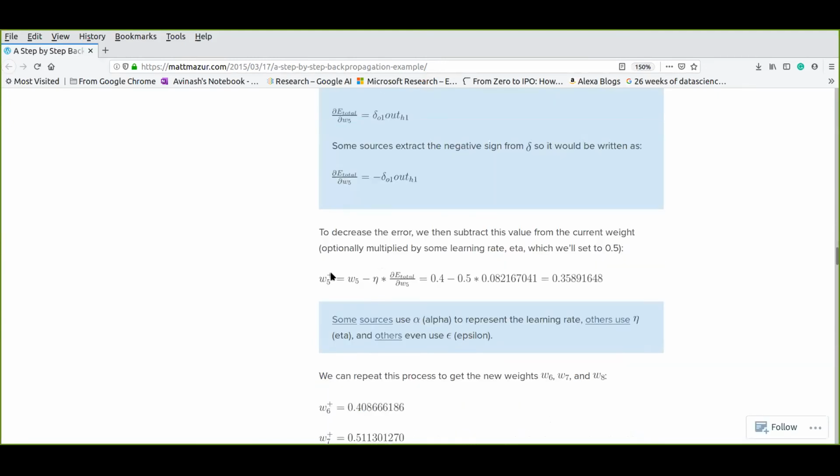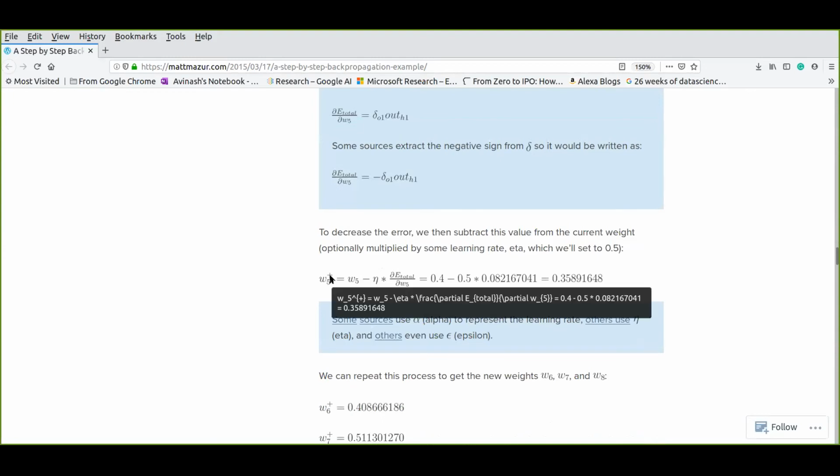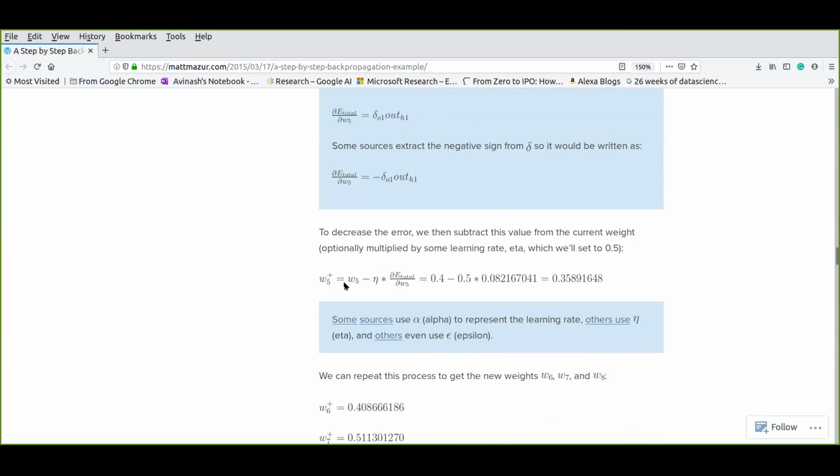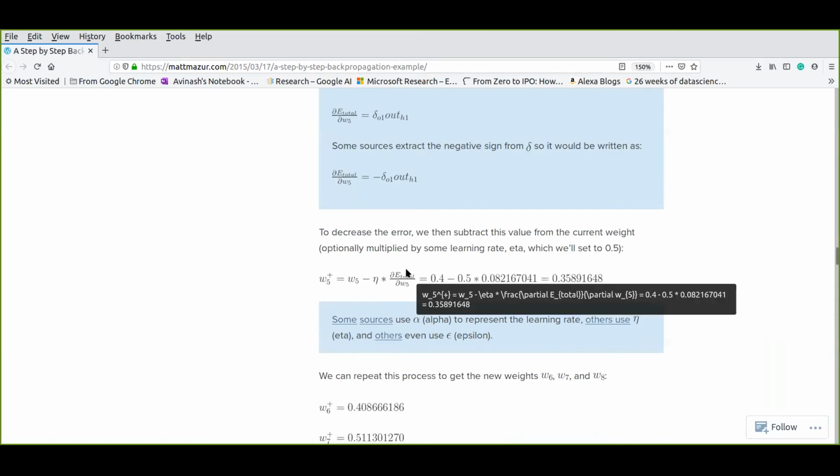W5 plus indicates the updated weight. It takes the existing or current W5 value, and then subtracts this term here, which is the learning rate. Let's ignore the learning rate for a moment. We have this value that we just calculated, the partial derivative of E total with respect to W5.